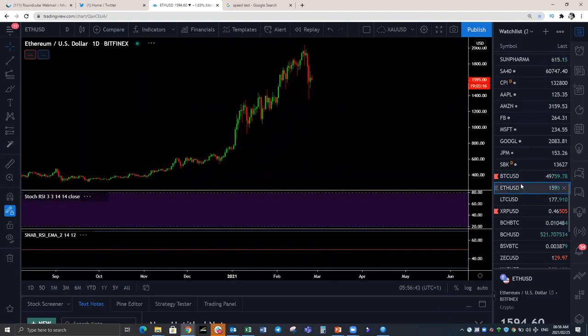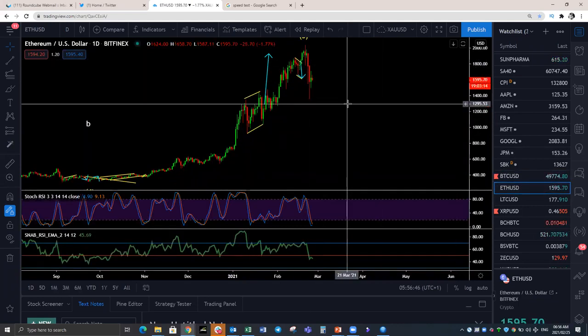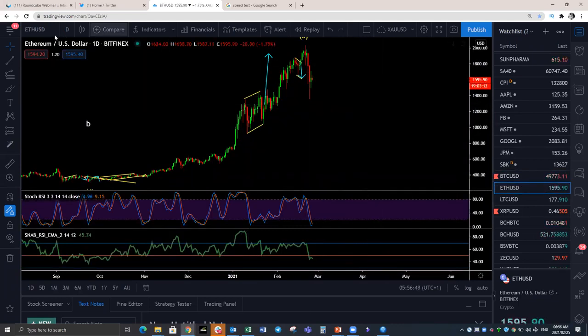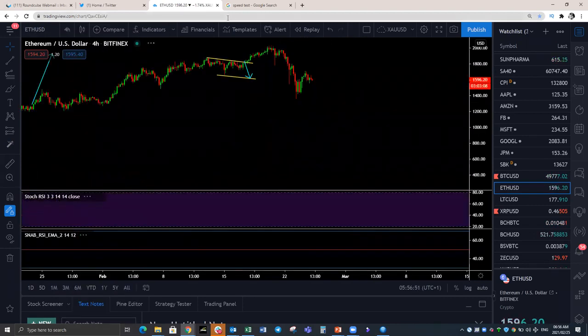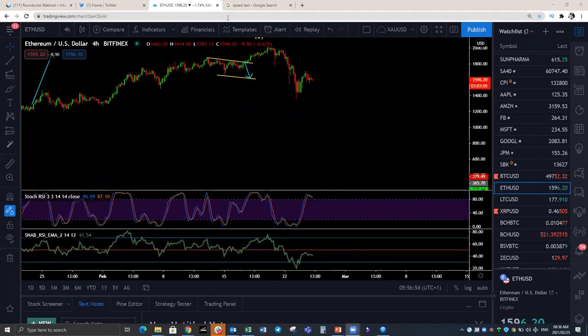And similarly on Ethereum as well. Same structure on Ethereum. If you look in the lower degree, 4 hour. So the 4 hour on Ethereum is at the top below 50.